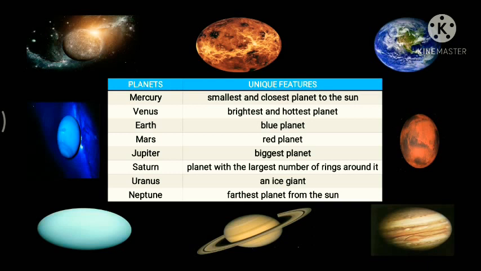Uranus is considered a big ice giant. And the last one, Neptune, is the farthest planet from the Sun. Previously it was Pluto, but as Pluto is now considered a dwarf planet, Neptune is the farthest planet from the Sun. So these are the unique features of all the planets that we have.